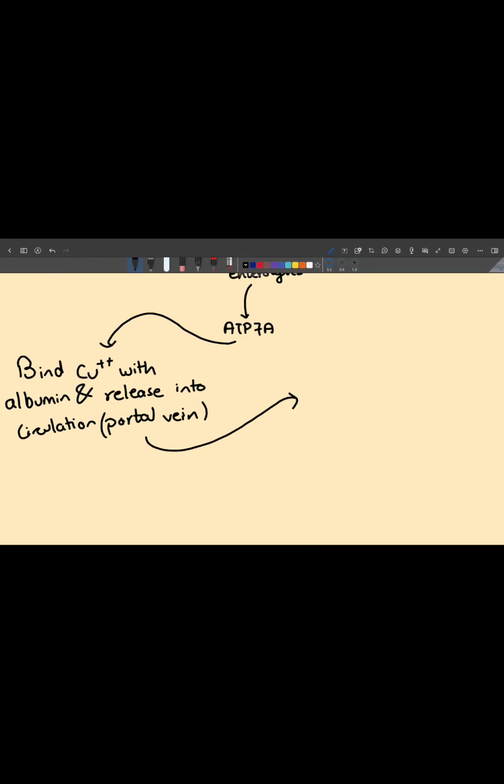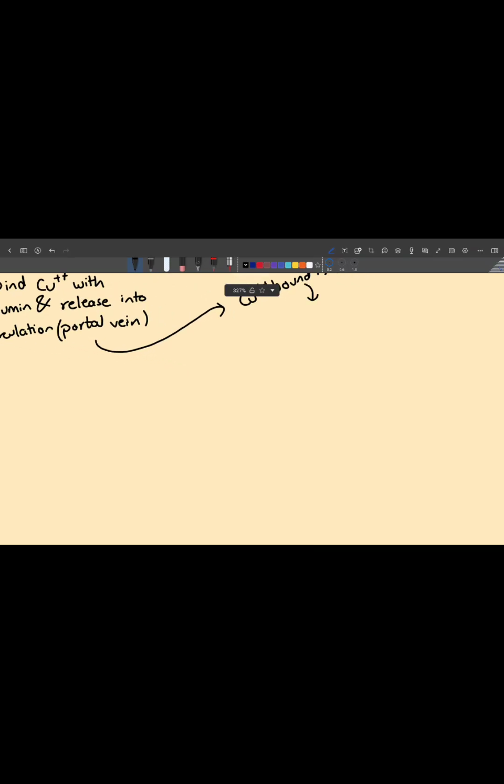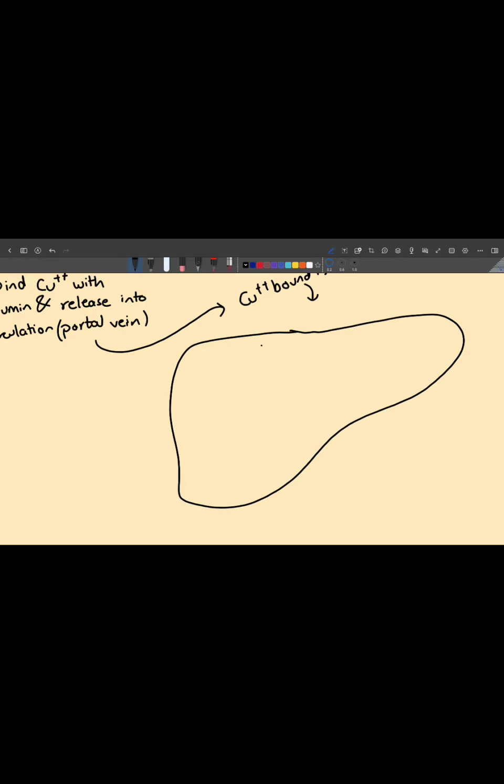And now we have copper bound albumin. This copper bound albumin enters the liver. Let's draw the liver here. So copper is now inside the liver.